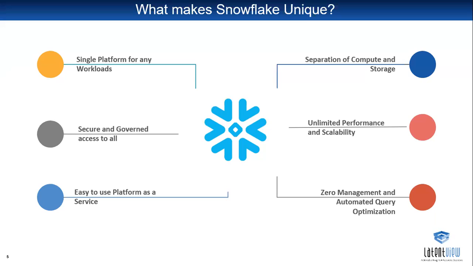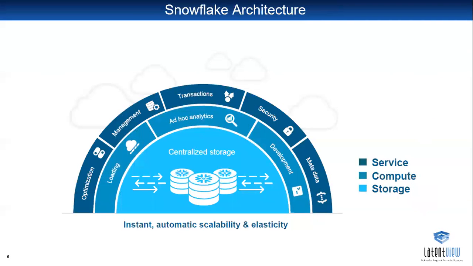So now, as he said, Snowflake offers you different pricing structures, which is not essential now. So let's go to the next topic, Snowflake architecture. As I said, the service, compute and storage. This is the architecture of Snowflake. You have a centralized storage of your data warehouse, which has instant automatic scalability and elasticity.